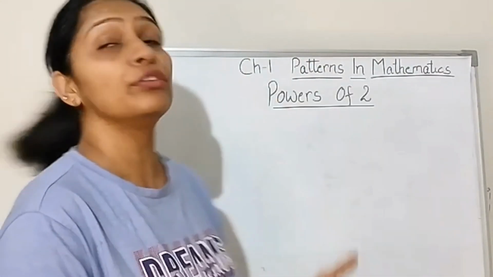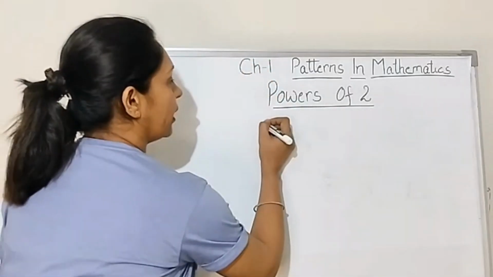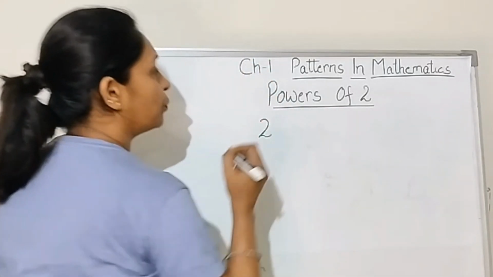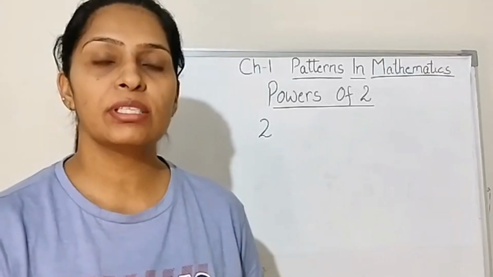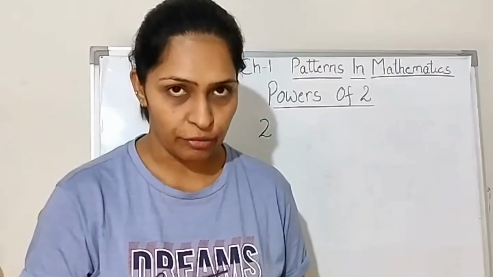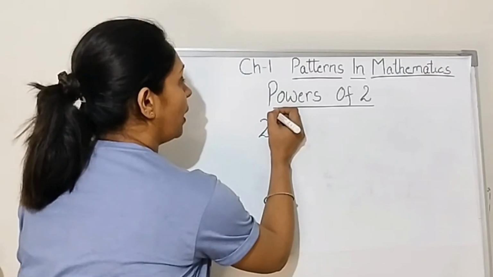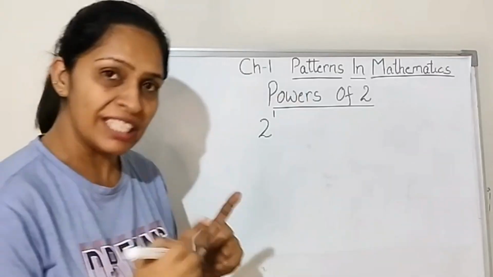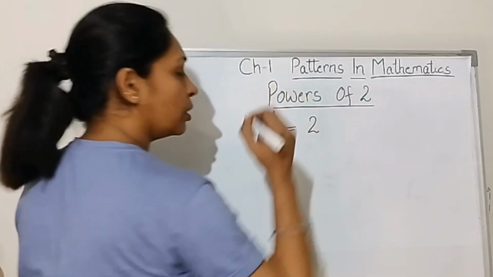This is powers of 2. Powers of 2 means I have to take up the different powers of 2. When we say powers, it means how many times the same number is going to be multiplied by itself. Now let's say if I am saying 2 to the power 1, it means 2 itself, the answer is 2, right?